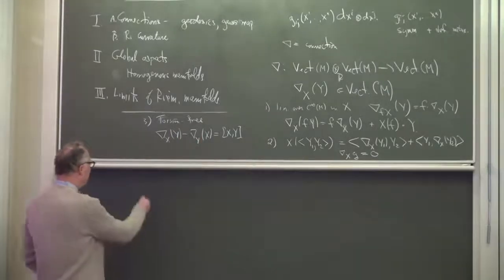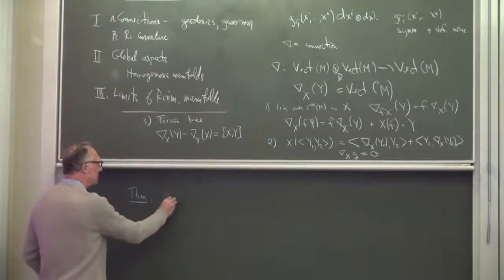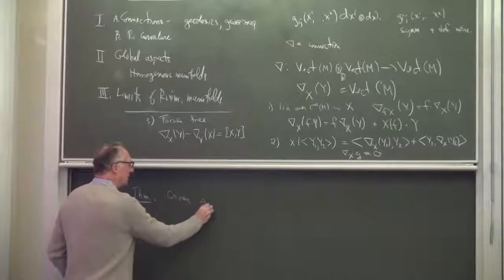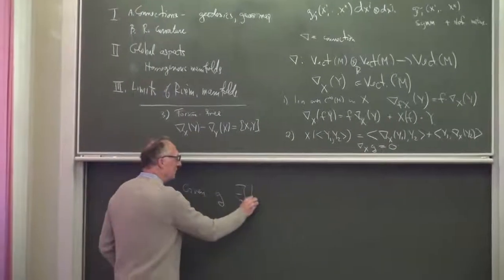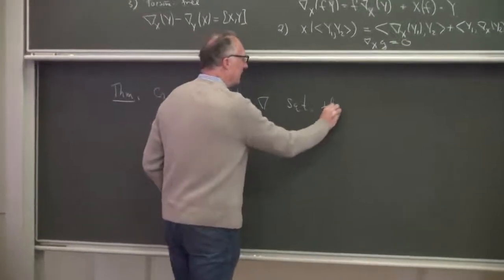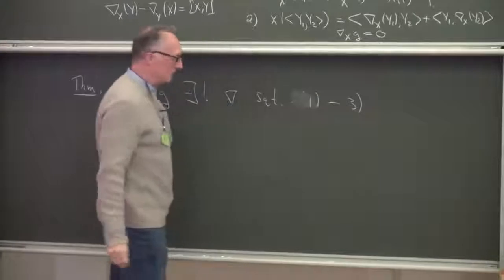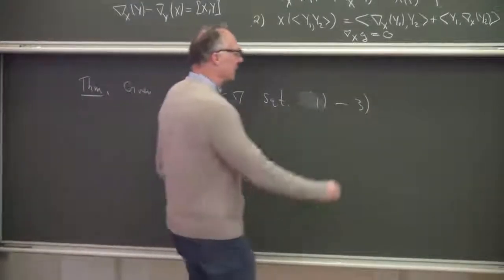But there's then a beautiful theorem which says that given g, there exists a unique connection satisfying 1 through 3. And it's called the Levi-Civita connection.